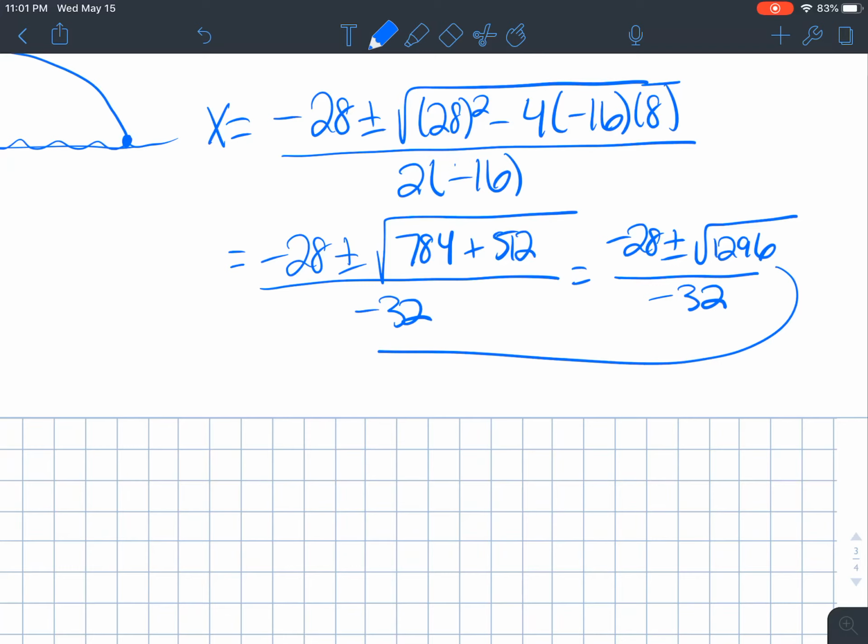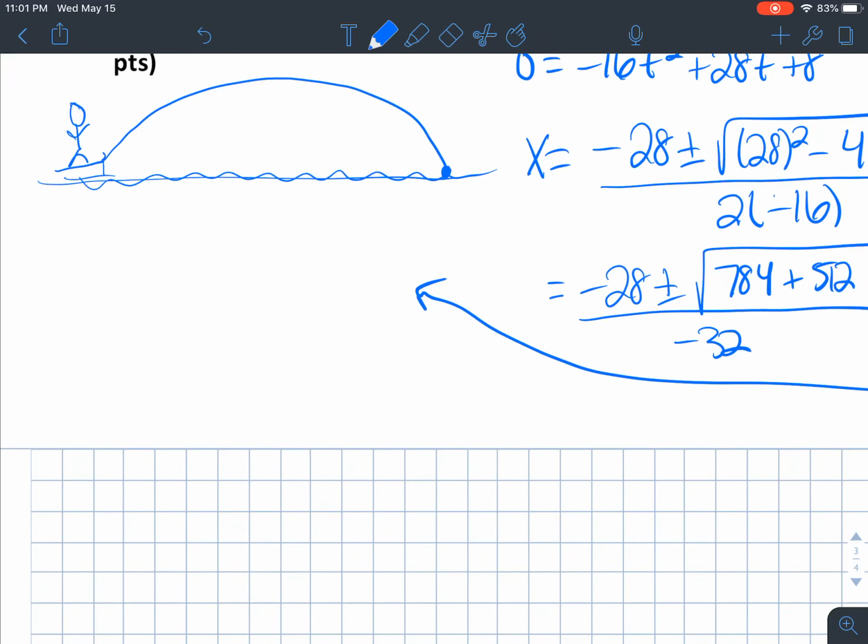So I'm going to go ahead and move this back over there because I am running out of room. I ended up with negative 28 plus or minus 36 all over, sorry, negative 32.